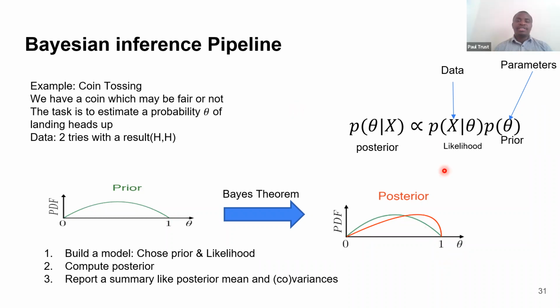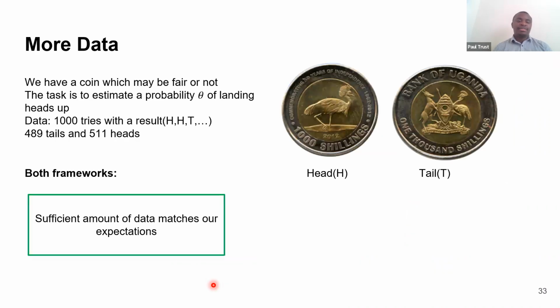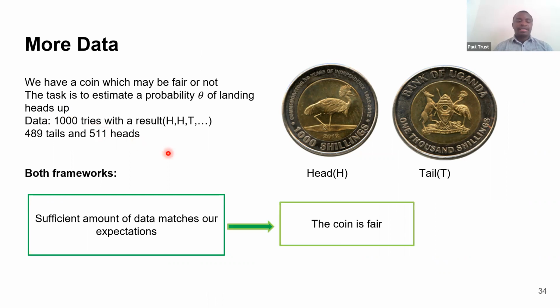So this is how you build a model. Look at your prior, look at what comes from the data, and you report the posterior and summary statistics.